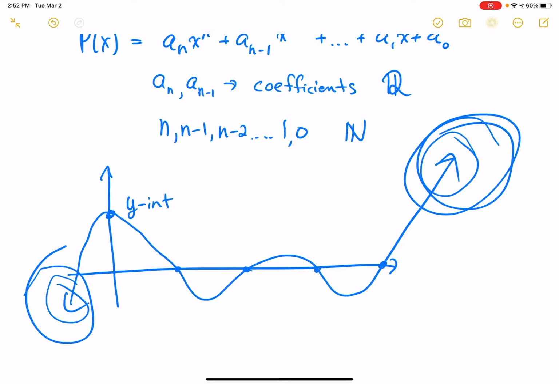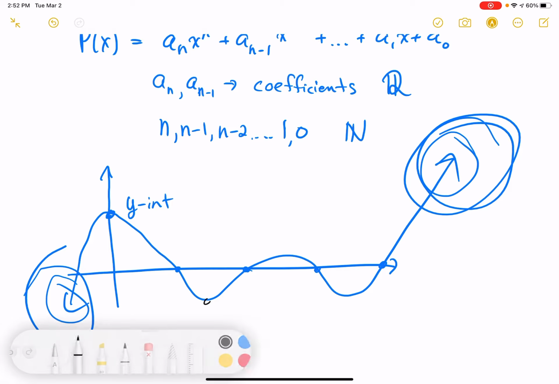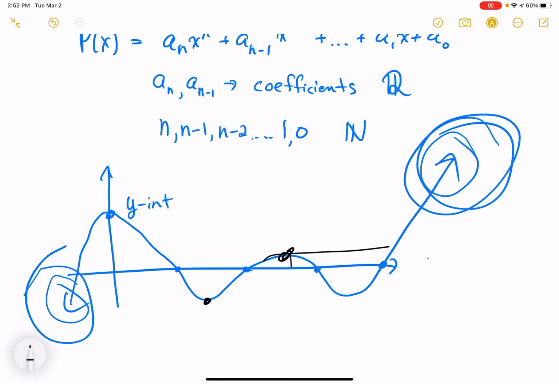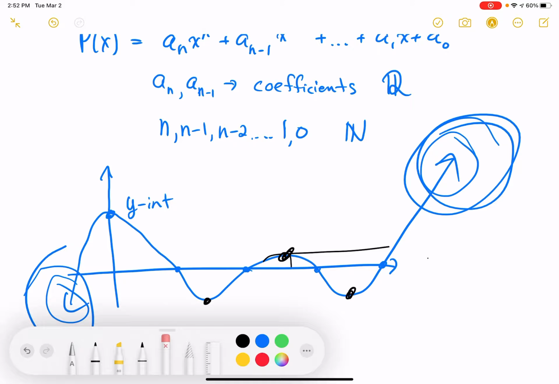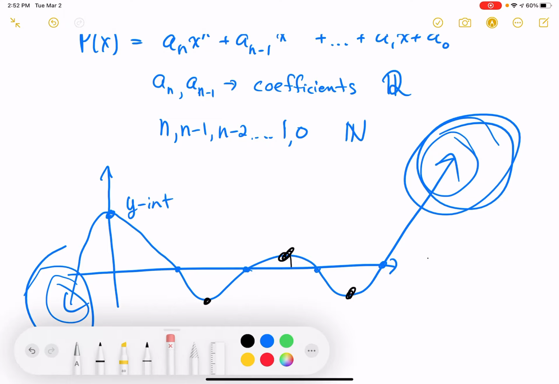Now, one thing that we could find with quadratics that we can't with polynomials is finding these relative maxes or mins. That's beyond our capabilities for pre-calculus. To find those, you would use calculus to make that happen.